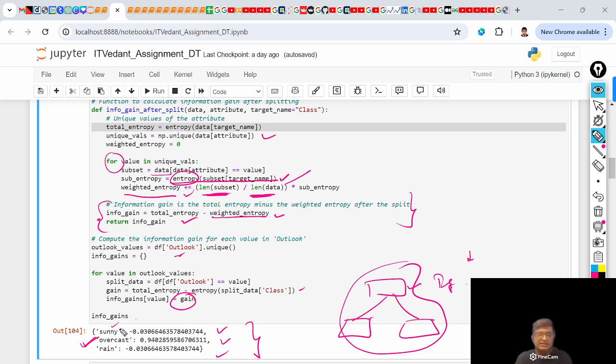Internally, when we use the decision tree classifier of the sklearn library, it does this computation at the backend to give us the optimum selection of the root node, the element of the feature which has the lower entropy and the high information gain. Clear? Okay, let us proceed ahead.